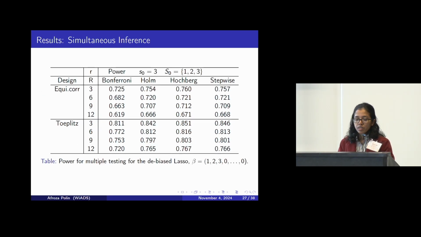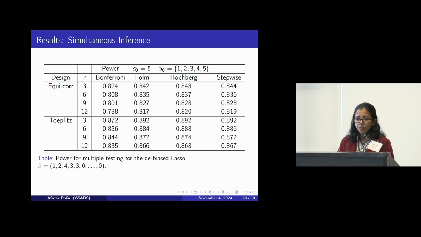And when we calculated the power, we see that for 3 variables we have power of 72%, 75%, sometimes with a different structure of data, and still the numbers are good.